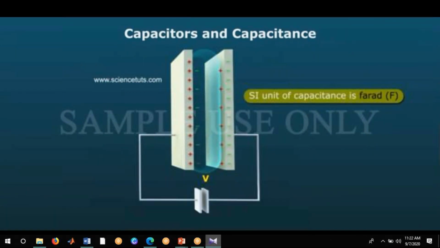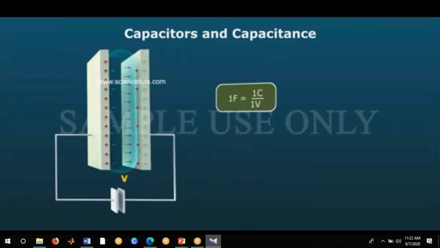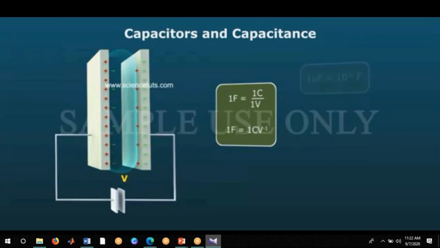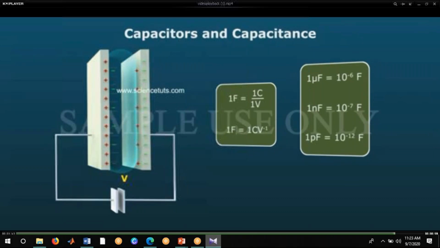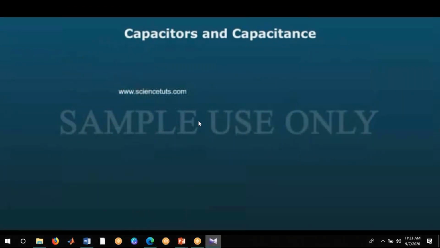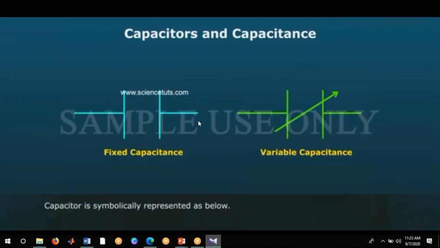SI unit of capacitance is farad: 1 F equals 1 C by 1 V, or 1 F equals 1 C V inverse. 1 microfarad equals 10 power minus 6 F. 1 nanofarad equals 10 power minus 9 F. 1 picofarad equals 10 power minus 12 F. Capacitor is symbolically represented as below.